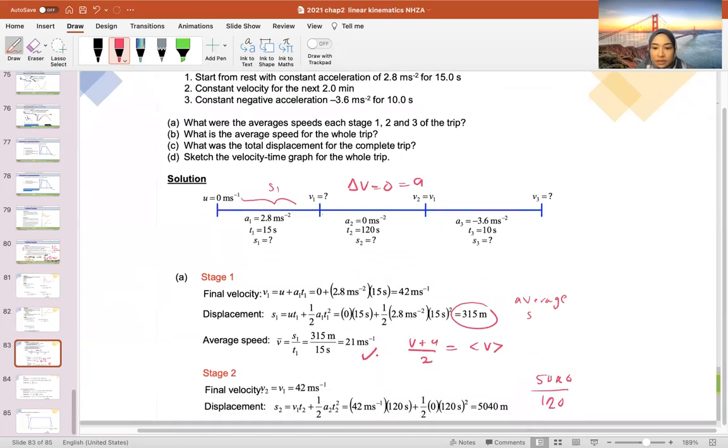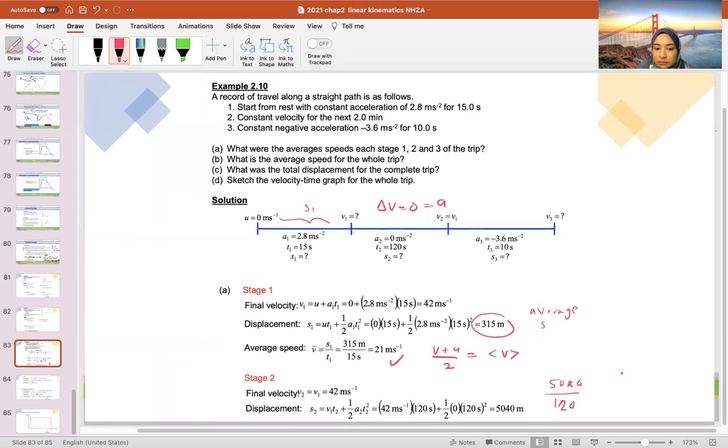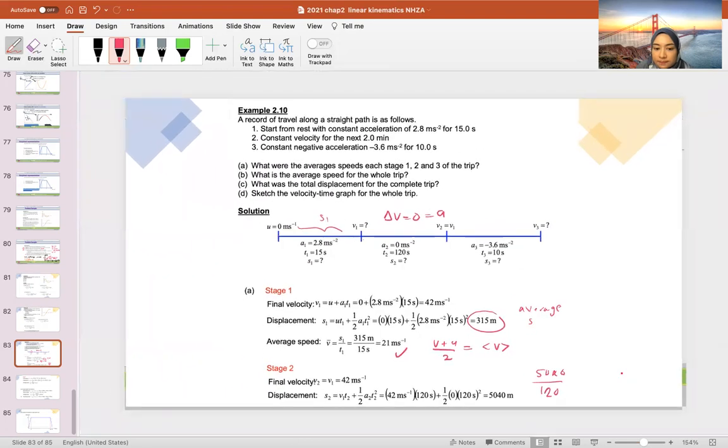Oh, it's below, sorry. 5040 divided by 120, the average speed is 42. Because it doesn't change, you basically get the same answer. But I wanted to show the working, meaning if you're not sure, just use the equation.